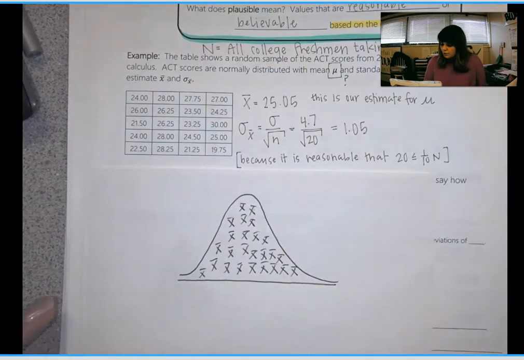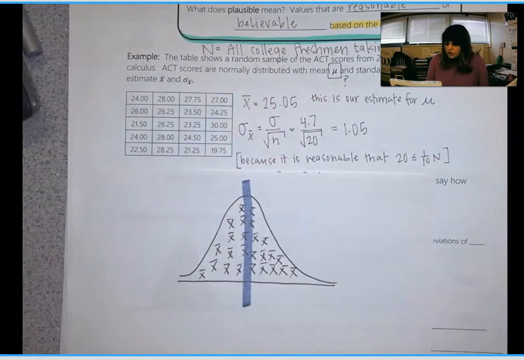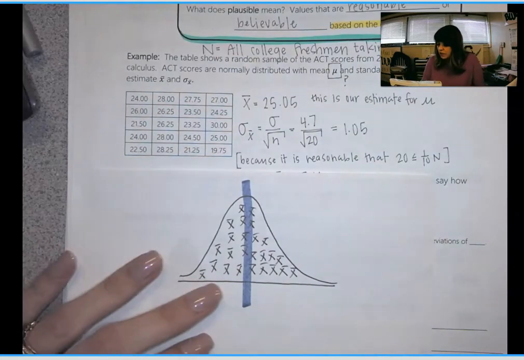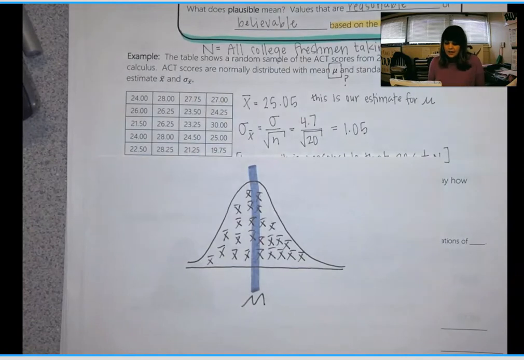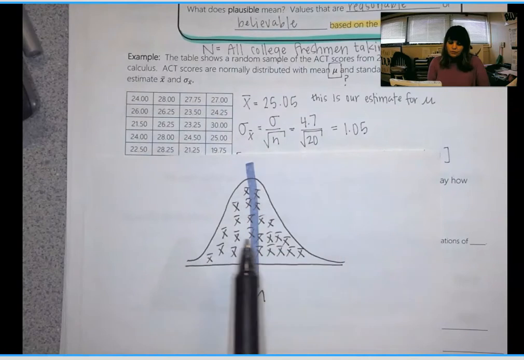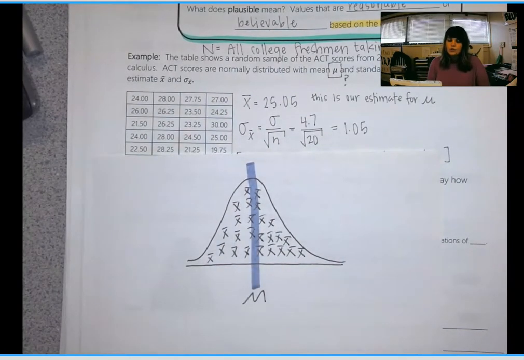We also know that the center of this distribution is true mu. That's for sure. That is a given. So we took this sample from a sampling distribution that is centered at true mu.